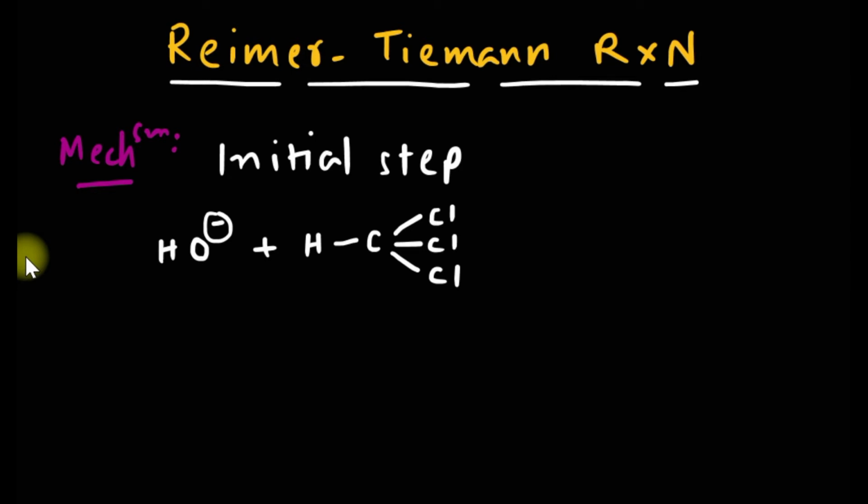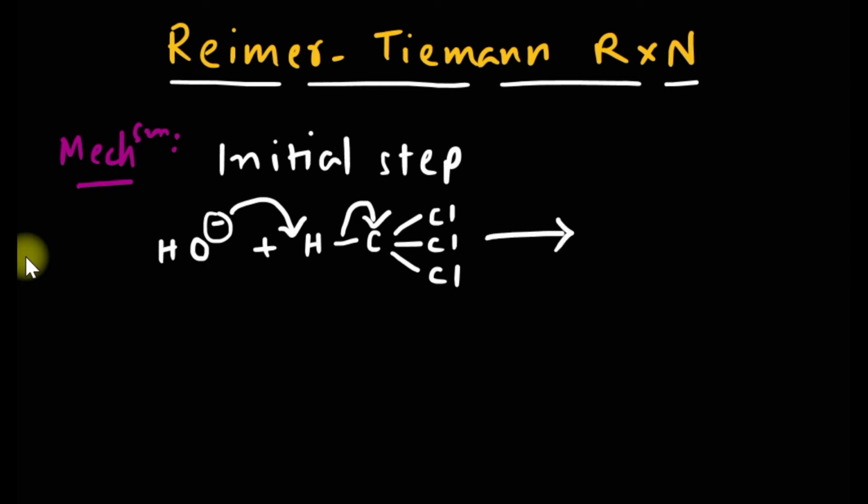So when a strong base comes near the chloroform molecule, it can easily attack this hydrogen. As a result, this carbon hydrogen bond will be broken, and this sigma bond electron pair will go to carbon. Okay, now what happened?